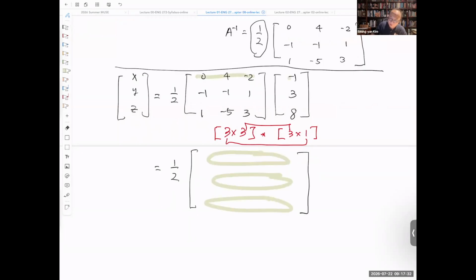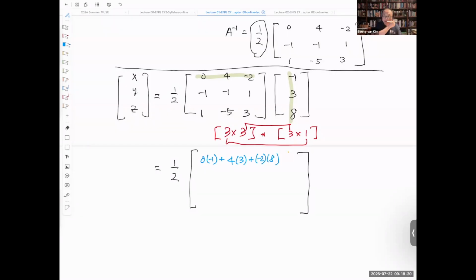That is row by column: 0 times negative 1 plus 4 times 3 plus negative 2 times 8. That's the first row. Then the second row: negative 1 times negative 1 plus negative 1 times 3 plus 1 times 8. Third row by column: 1 times negative 1, negative 5 times 3, plus 3 times 8.